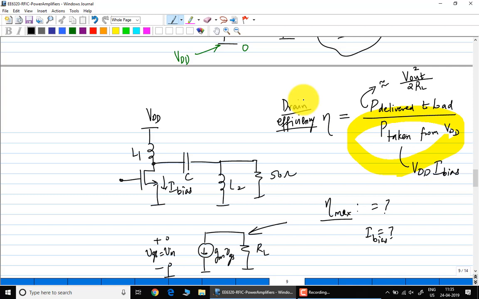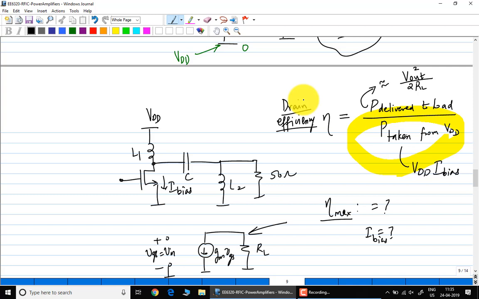Power taken from VDD is clearly VDD times I bias. The bias current needs to be set to a certain minimum value. We use the swing limit condition based on the triode limit, VDD minus VDSAT. But now we pointed out that there is also a current limit. So there needs to be a minimum I bias such that the signal current does not go below 0. That means that the bias current should be at least equal to the signal current amplitude.